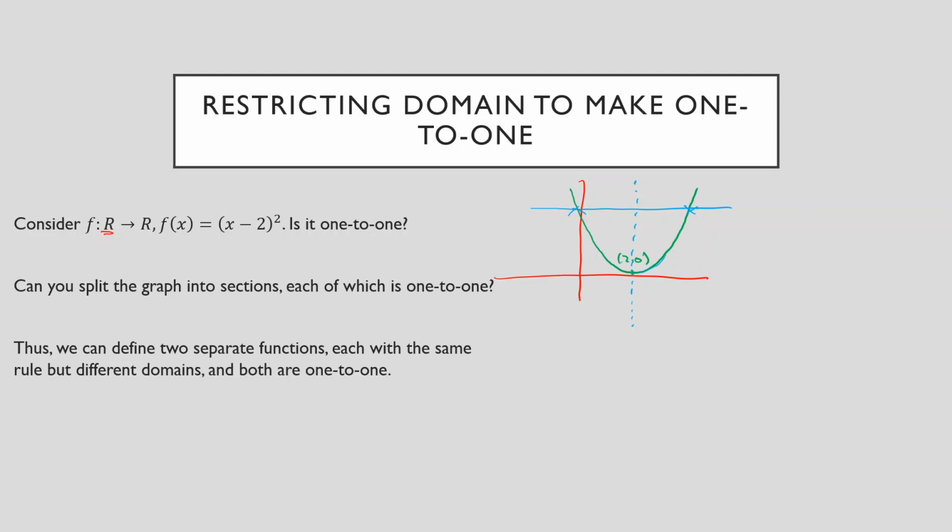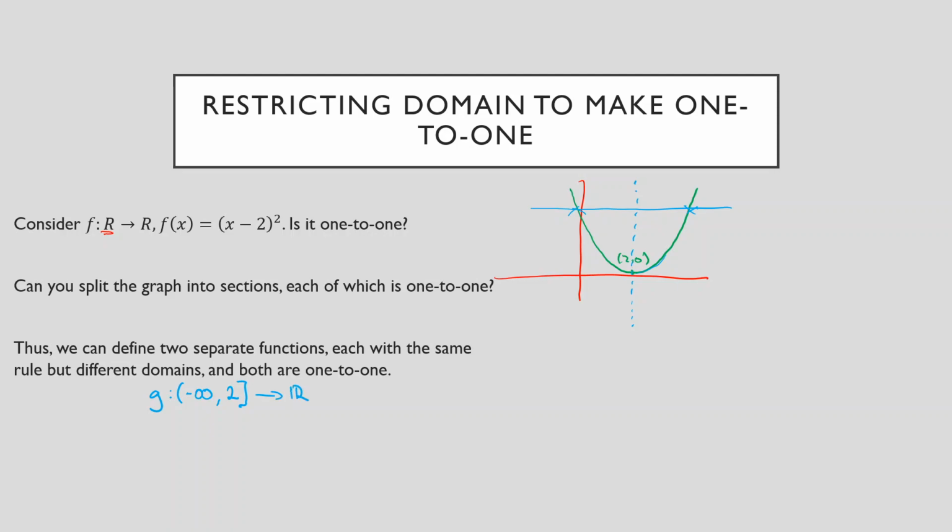So what you would do is something like the following. Let's call g the left-hand piece of this parabola. So it has a domain from -infinity to 2. You can include 2 if you like.